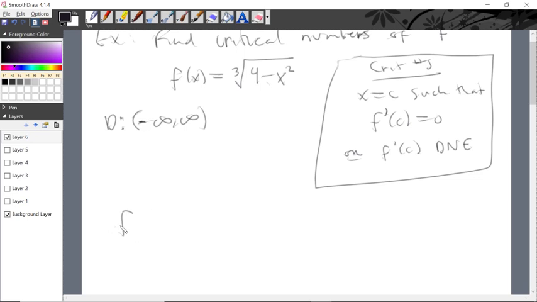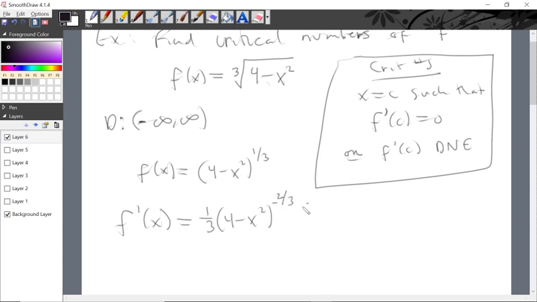Okay, now finding the derivative. In general, f prime of x, use the power rule. Well, the power rule and the chain rule, right? So f of x can be rewritten as the quantity 4 minus x squared to the power of 1/3. F prime of x then is equal to 1/3 times the quantity 4 minus x squared, subtract 1 from 1/3, you get negative 2/3.